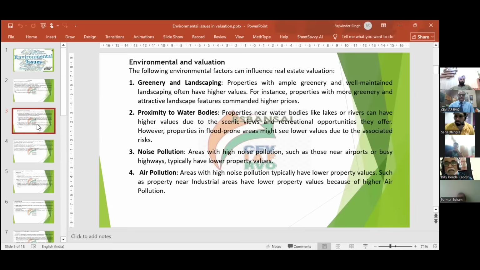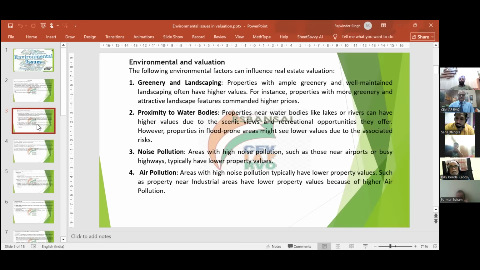And then proximity to water bodies, meaning nearer to seasides, nearer to rivers, etc. It has both positive and negative effects. If the property has a scenic view of the sea, or can offer recreational opportunities, then such properties which are nearer to water bodies like lakes, rivers can have higher value.